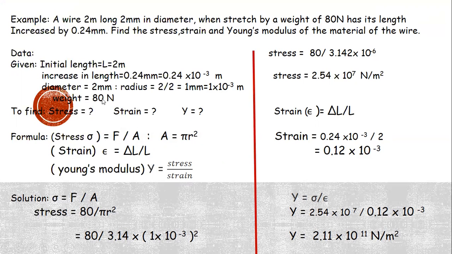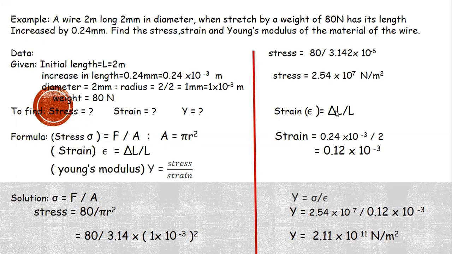Force is 80 newtons, and the cross-section of the wire is circular, so area is pi r square. Pi is 3.14, r is 1 into 10 power minus 3, squared. After calculating, we get stress as 2.54 into 10 power 7 newton per meter square.